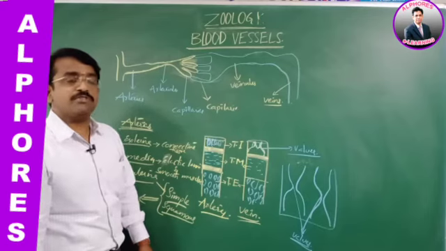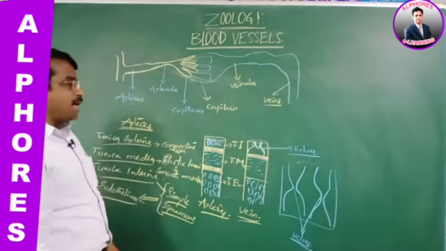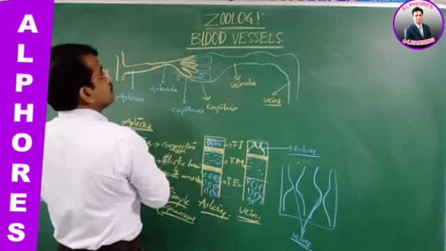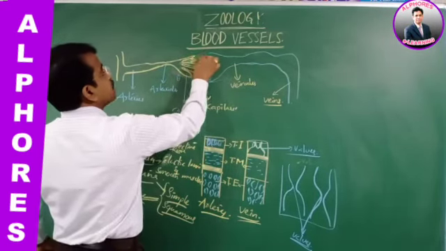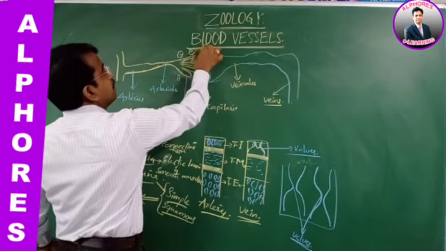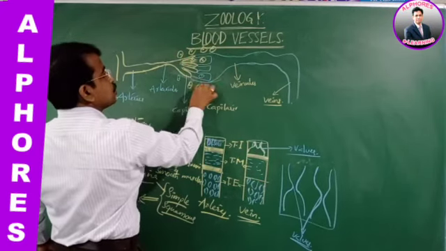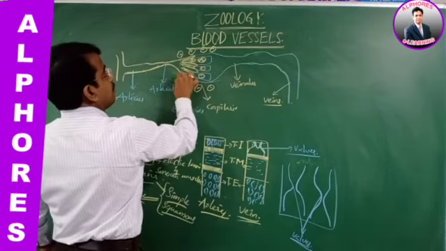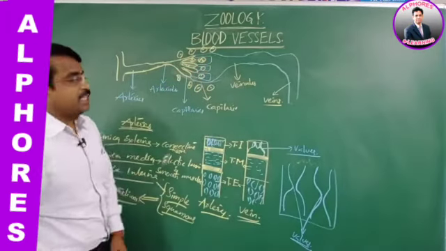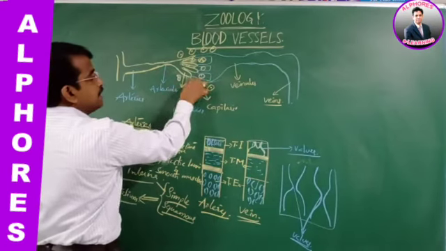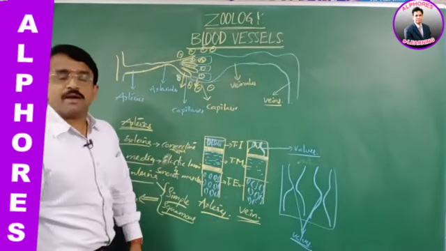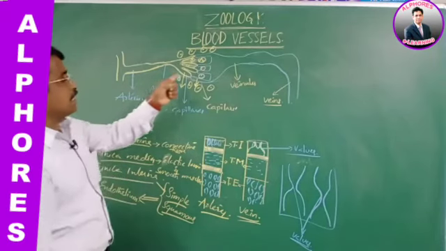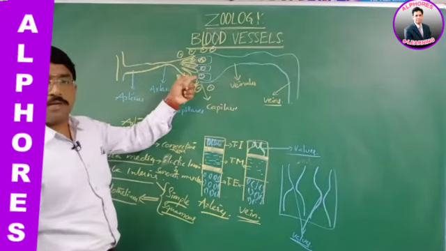This is what we see. These are what we treat as the tissues. Generally, the blood vessels open at the tissues itself. Is it right or not? Thereby, the exchange of nutrients and gases takes place. Arteries at the tissues end in a capillary.